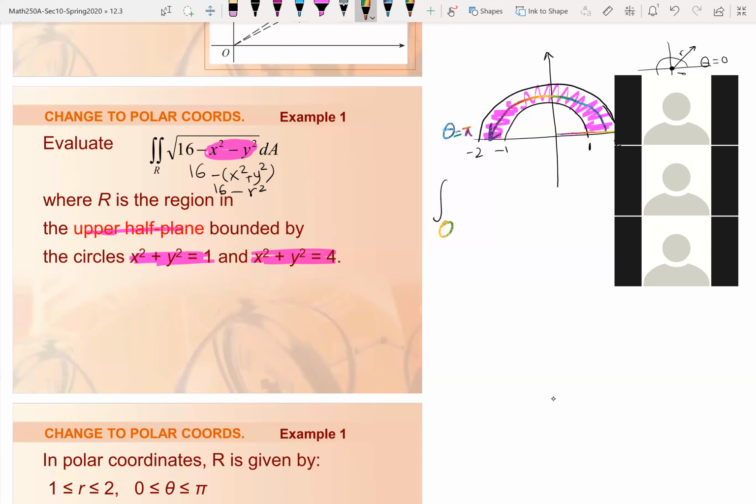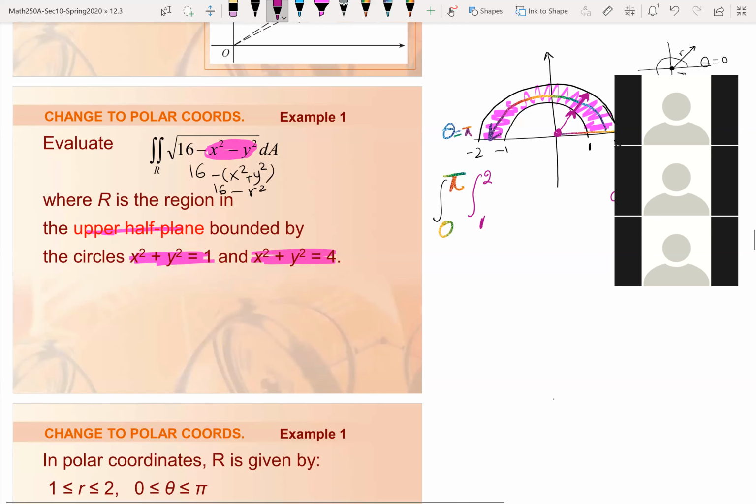So yes, it is 0 to pi. And then the other one is the radius, which always points out from the origin. You start here because that's the beginning of your shaded region, and end here, which is the end point of your region. So that would be from radius 1 to radius 2, and then the r.